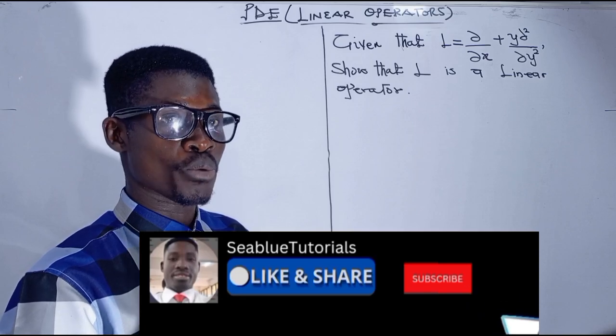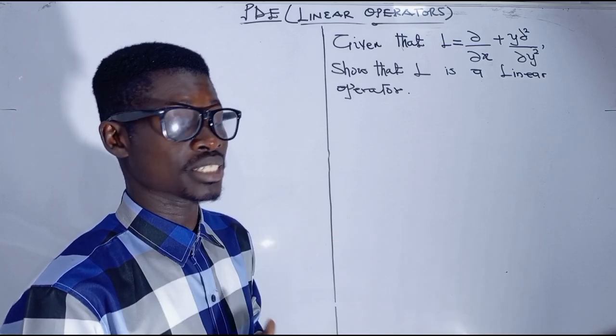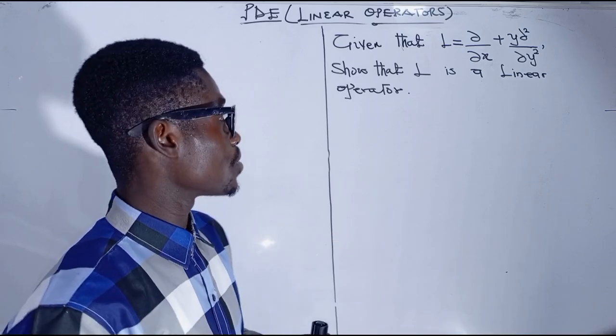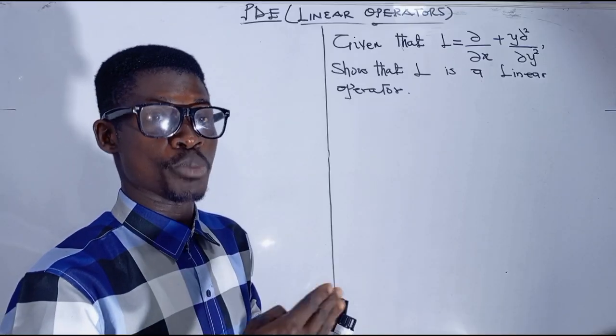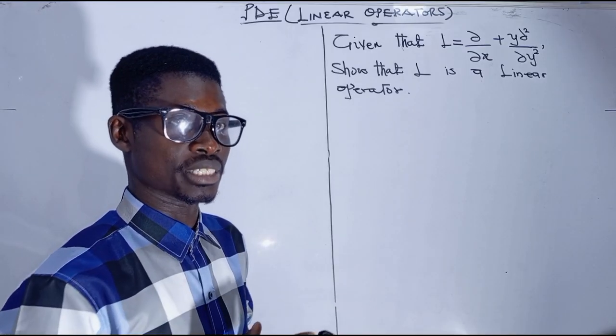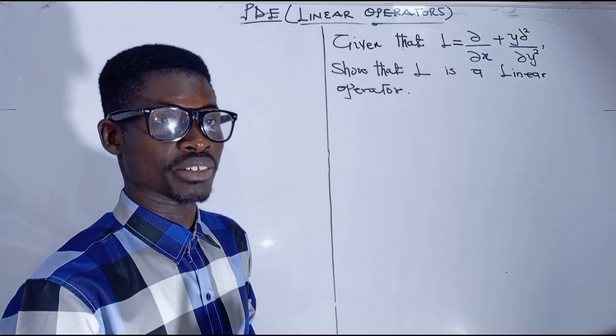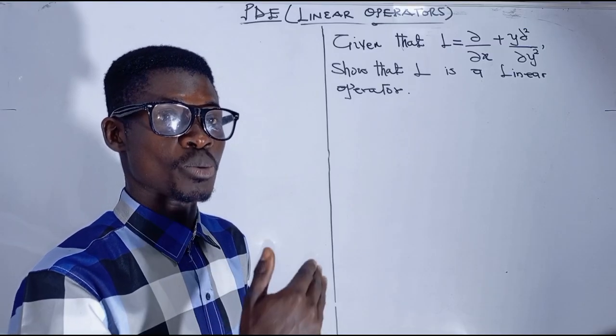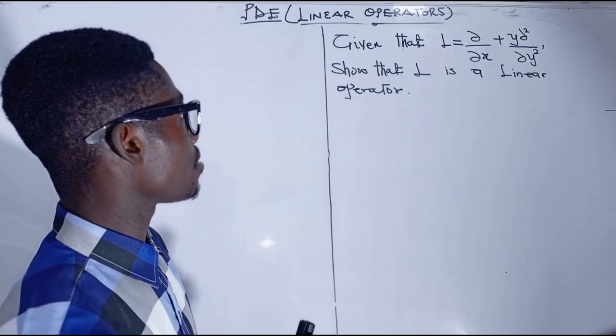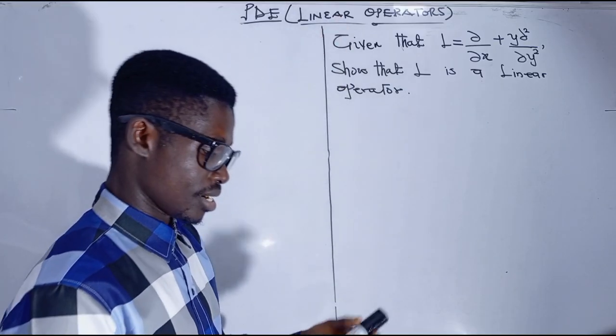So let's do a small recap on what we did in our previous lesson on linear operators. We said that for an operator to be a linear operator, it must satisfy certain conditions. So we gave out the conditions that these operators must satisfy in order to become linear operators.